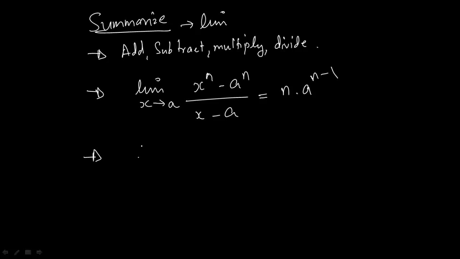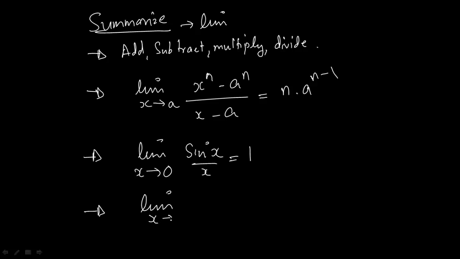We also said that limit x tending to 0 of sine x over x is equal to 1. And the second was limit x tending to 0 of 1 minus cos x over x is equal to 0.